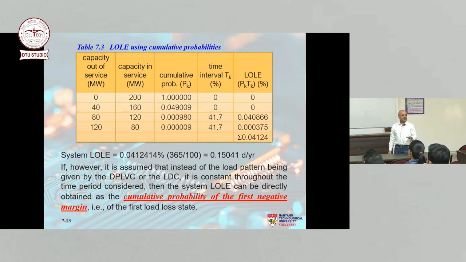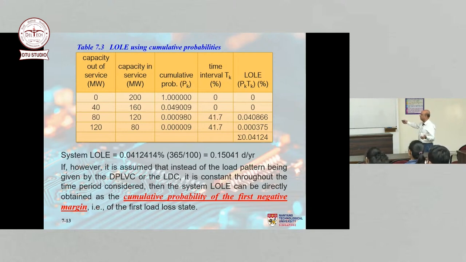That's the advantage of the cumulative probability capacity table, which I also mentioned yesterday. So if you look at the cumulative probability table, assuming the load to be constant at 160 megawatt, so when we have 40 megawatt out, we are still okay, correct?